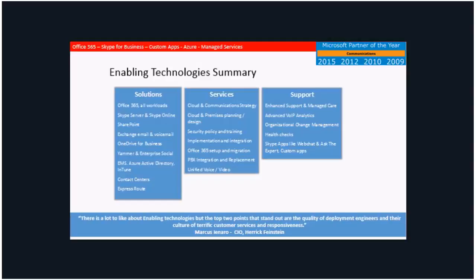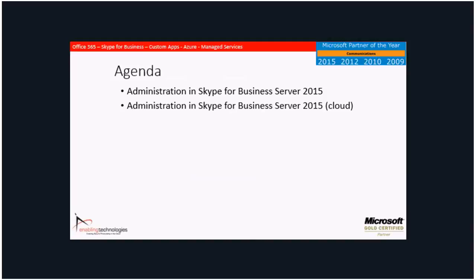From the services perspective, it's unified voice and video and cloud communication, premise planning, design, and security policy. From the support standpoint, which we'll be covering a lot today, we'll discuss health checks and the different pillars of Skype. We'll look at some of the VoIP pieces as well, and really dig into the administration area.